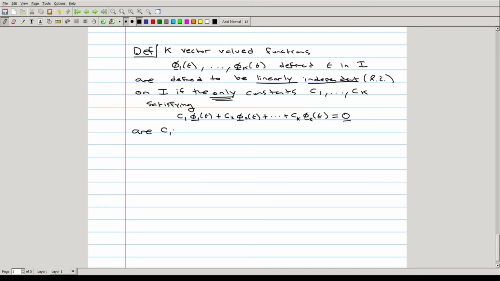So the constants C1 equals C2 equals C3 equals CK equals 0, for all t in the interval I.